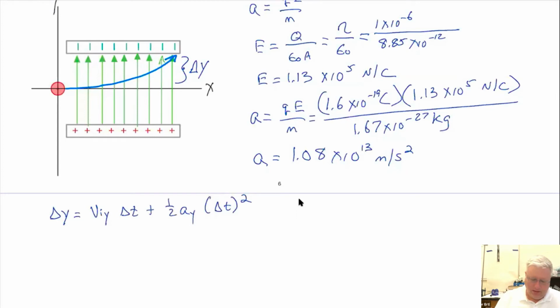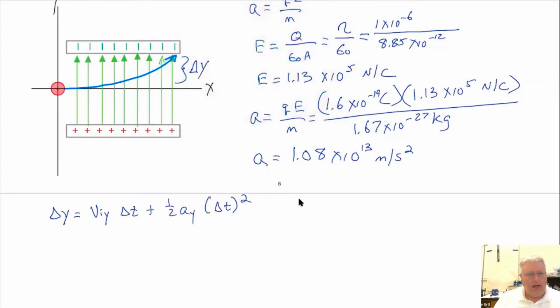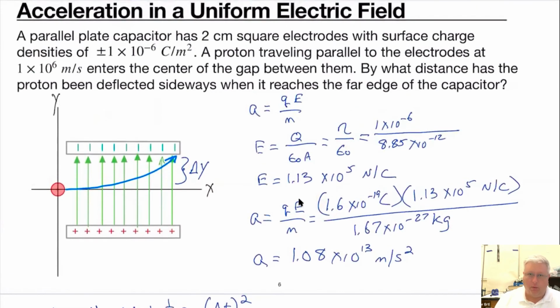Okay, and change some colors here for a moment. What do we know about the y component of the initial velocity? Remember, like with projectile motion, the proton is traveling parallel initially to the plates, so before it enters the parallel plate capacitor it's traveling perfectly along the x-axis.